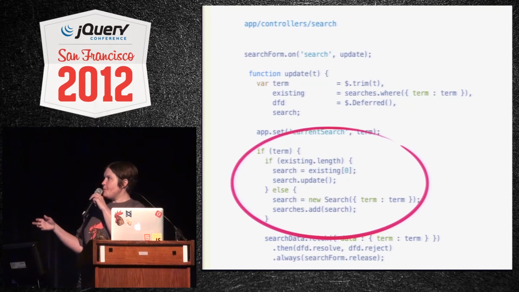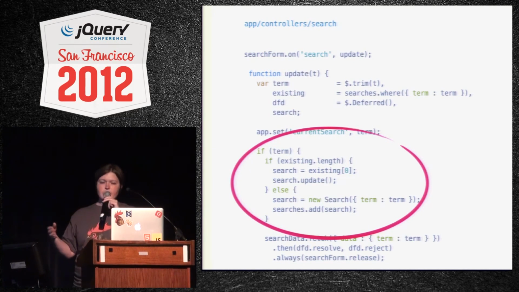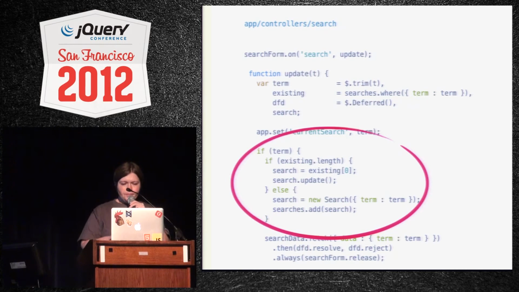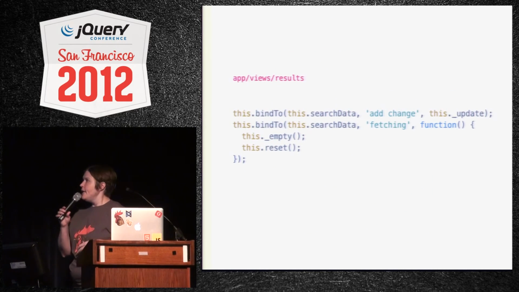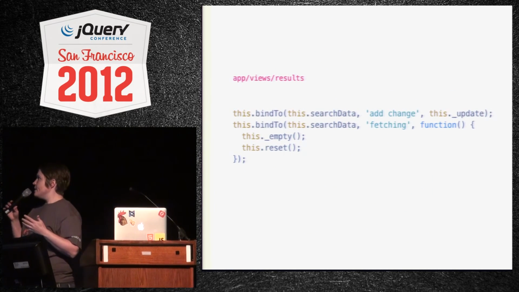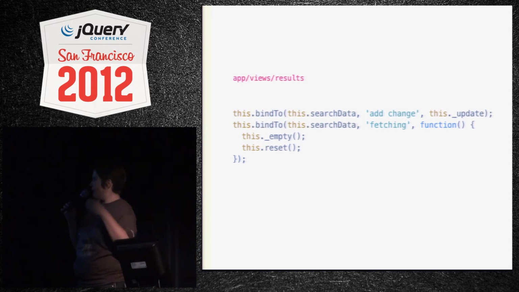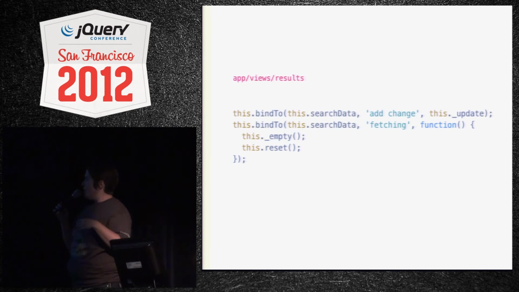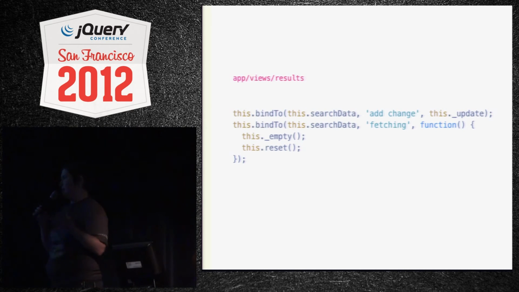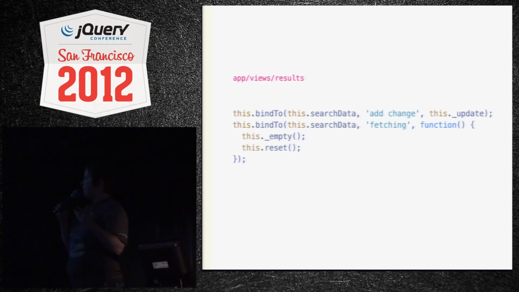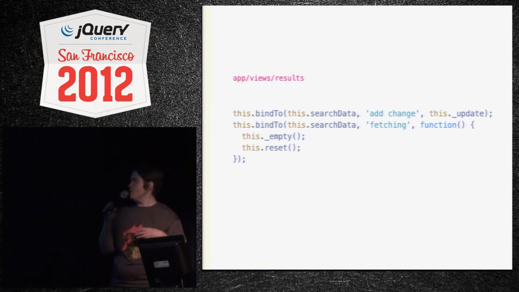So this is us updating our list of recent searches. And so when we add a new search term to our list of recent searches, then our results view, here you can see, is waiting to do this. It is waiting for an add or change event to happen on that search data collection. And when it does, then it empties and updates itself.